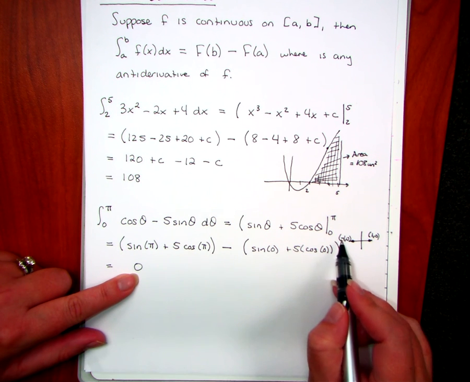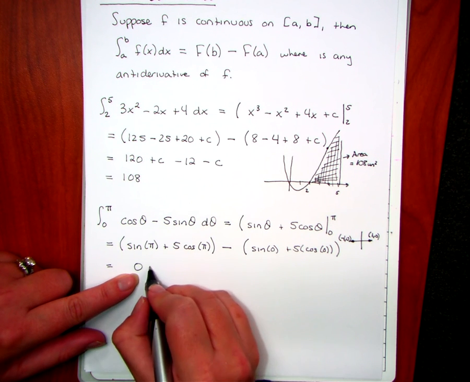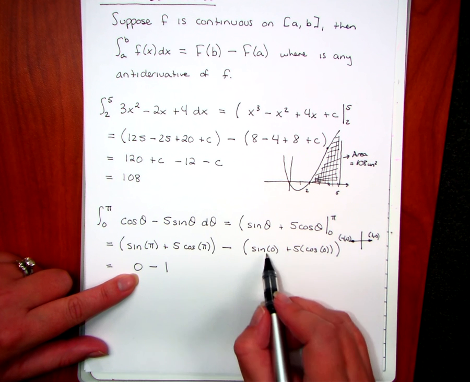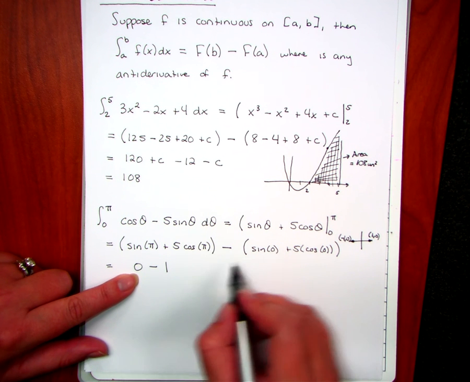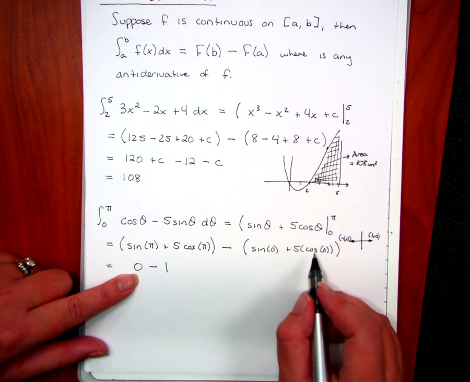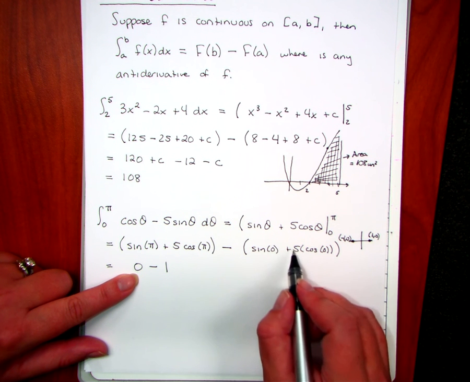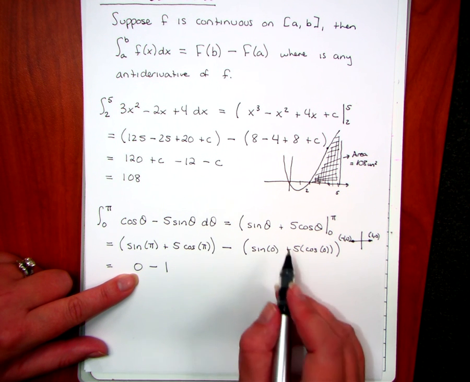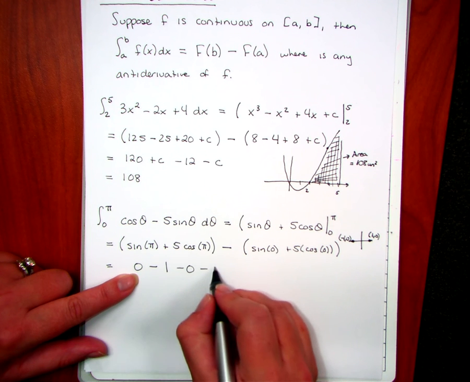Cosine of pi is negative 1, so I'm going to get minus 1 here. And then sine of 0 is 0, so I'm going to cancel that out. Cosine of 0 is 1, so I get 5 here, but when I distribute the minus, minus 5.